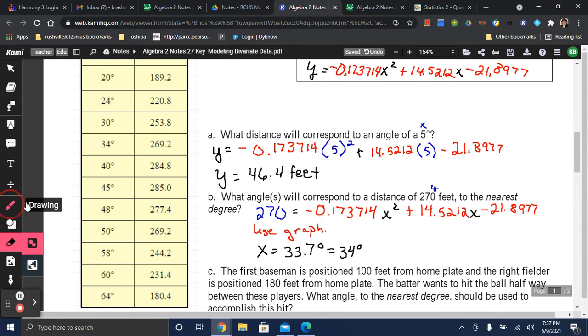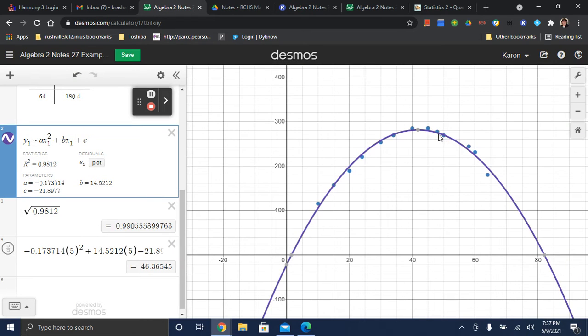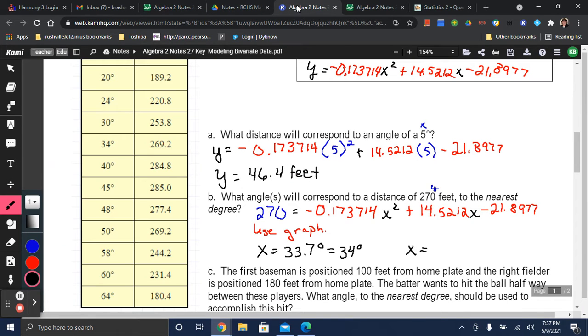So let's see if we can find that other x, going back to Desmos and getting on the other side of the maximum. So again, I'm looking for 270, and that's close right there, 270.159, and we have 49.9 as our angle, which when we round it to the nearest degree is going to round to 50.